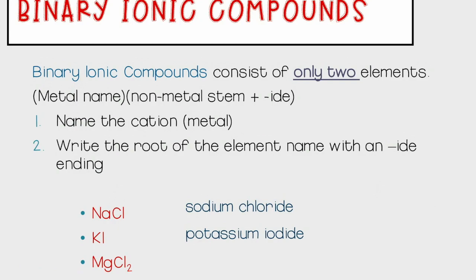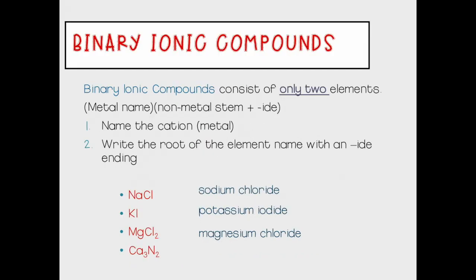That Mg is magnesium. Cl is, of course, chlorine again. Magnesium chloride. One more. Here calcium is our metal, nitrogen is our nonmetal. So we are going to name calcium, then drop the ending from nitrogen, give it an IDE ending, we have calcium nitride.